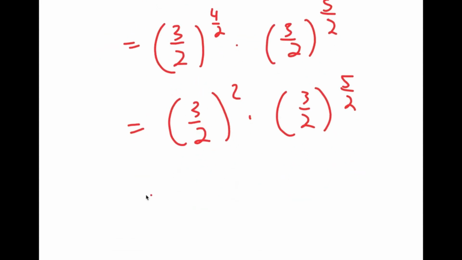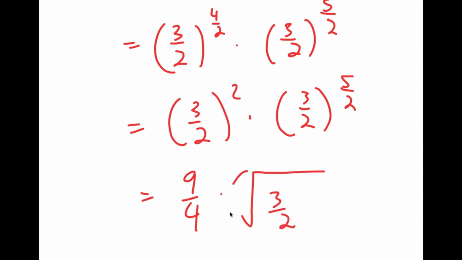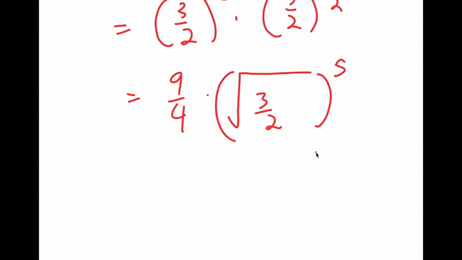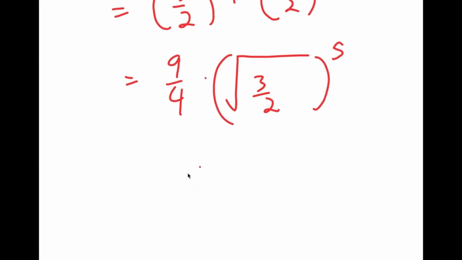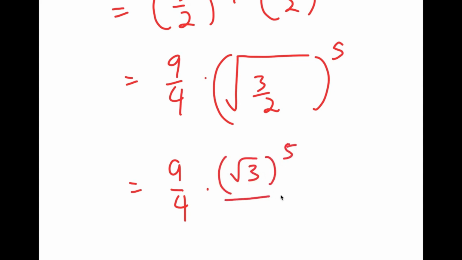And (3/2) squared is equal to 9/4, so I get 9/4 times (3/2) to the power of 5/2, which is the same thing as the square root of (3/2) to the power of 5. Now this is equal to 9/4 times the square root of 3 to the power of 5 over the square root of 2 to the power of 5.